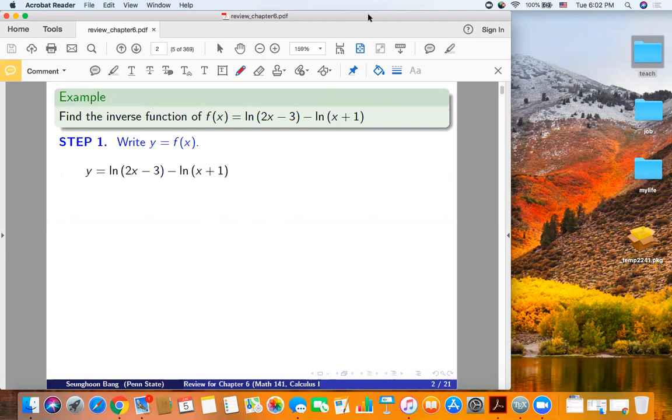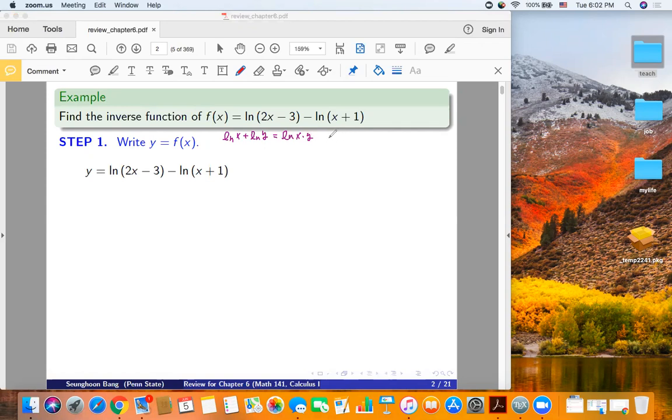How can you combine? Like this. Here, remember this one? We have logarithm laws, the natural logarithm laws. The first law is ln x plus ln of y, we have ln of x times y. This is the first rule.